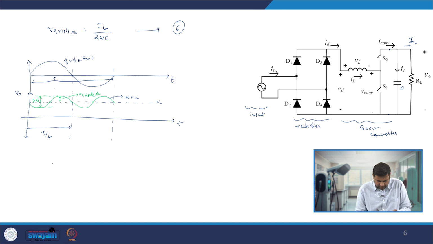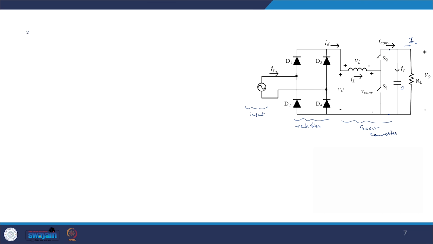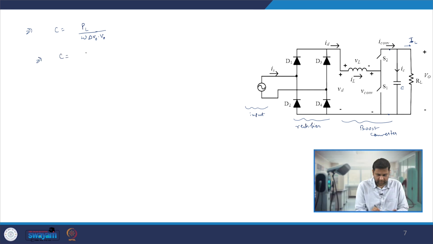We can rearrange and write IL divided by 2 omega V naught ripple peak, and 2 times ripple peak is nothing but delta V naught. So we can write IL by omega delta V naught, and then write IL in terms of load power, and C is nothing but PL by 2 pi Fs delta V naught times V naught.